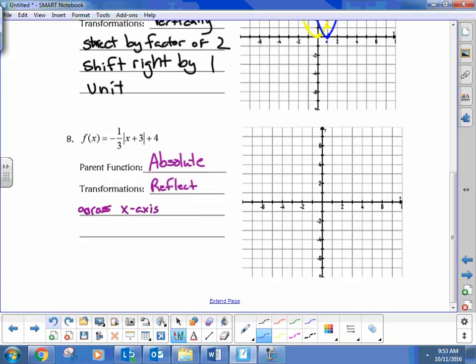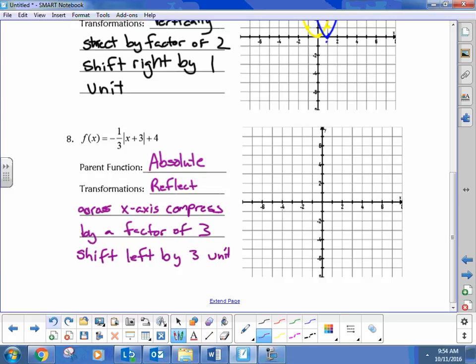We're going to compress by a factor of 3. And we're also going to go ahead and shift to the left by 3 units. And then after that, we're going to shift upward, or shift up by 4 units.